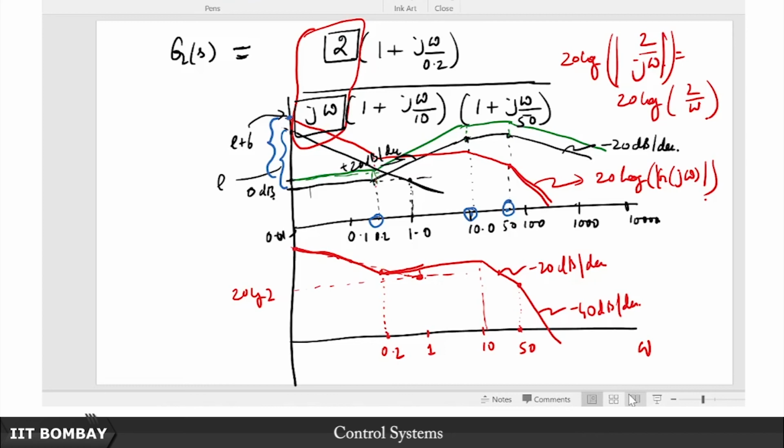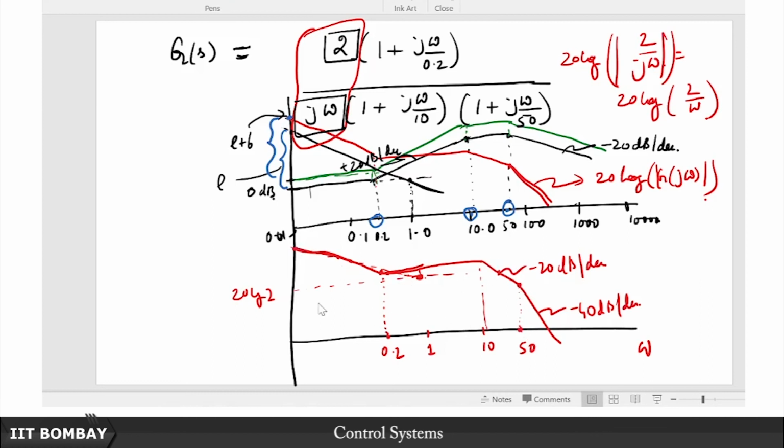Once you have drawn up the break frequencies, the next question is how many integrators are there. For the magnitude plot also, that factor k plays a role. So instead of taking the integrator alone, let the integrator be combined with this constant factor. And once you merge it together, you should be now able to sketch the magnitude plot, at least the asymptotic version of it, fairly easily.